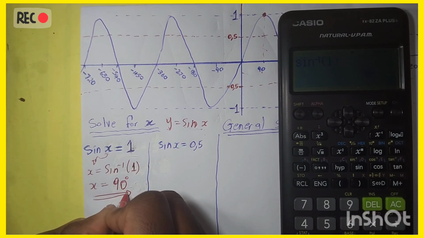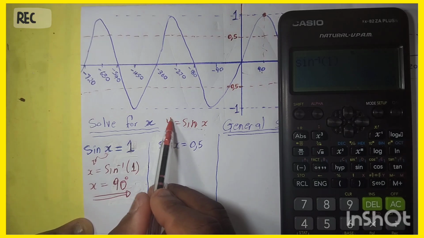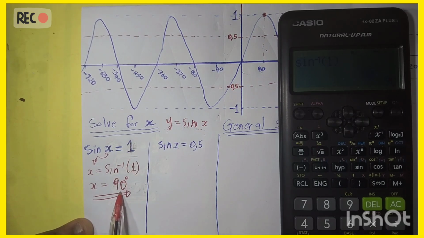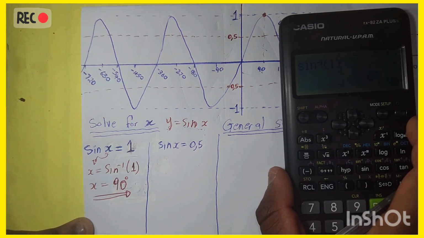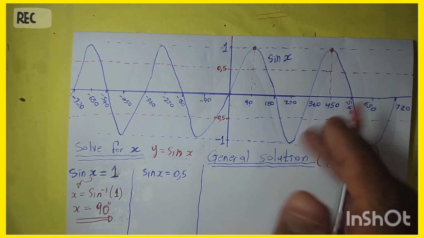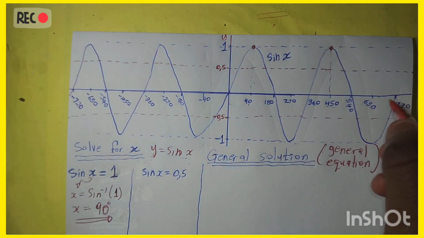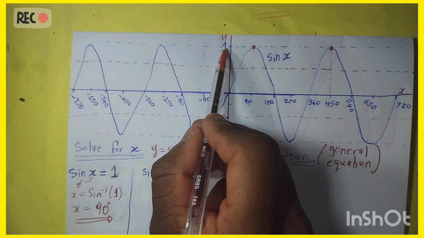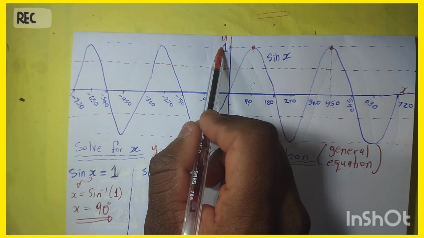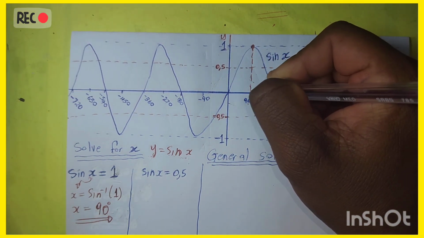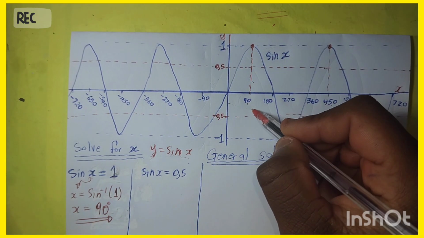So it means that when the value for y is equal to 1, I will be having 90 degrees. It makes sense that these are the y values and these ones are the x values. So if the y value is 1, I'll be having 90 as my answer.